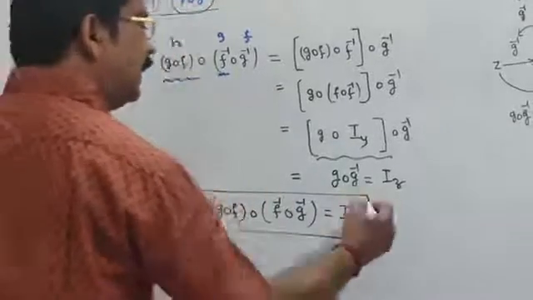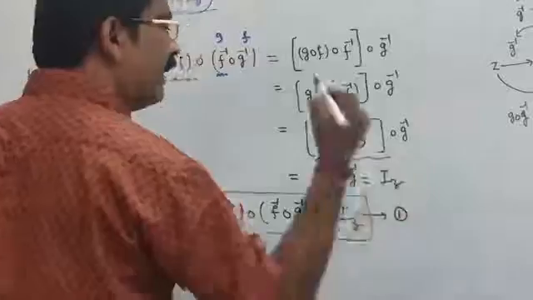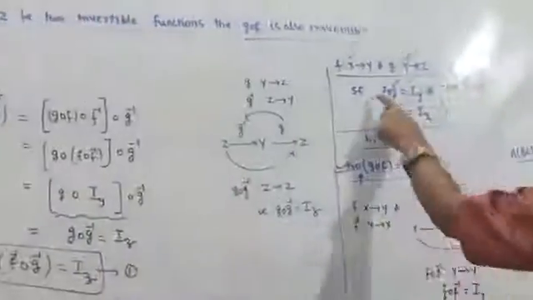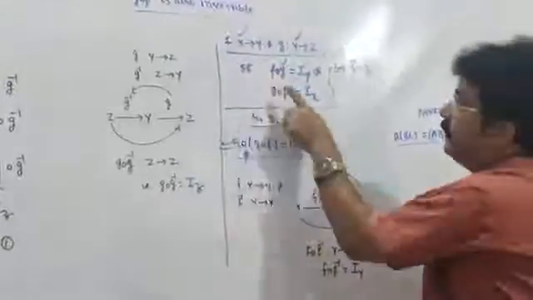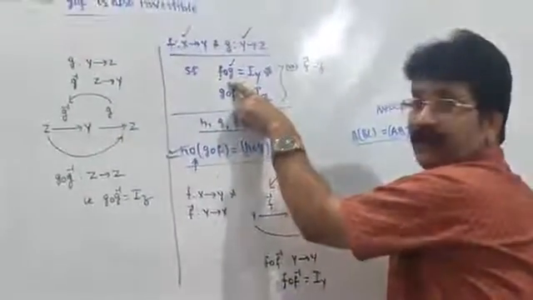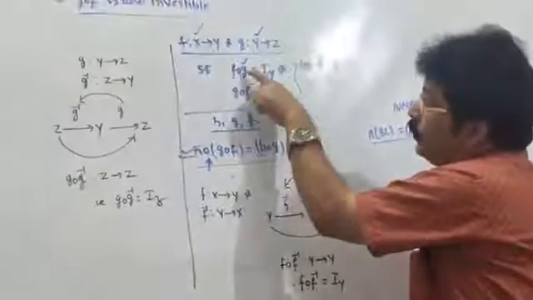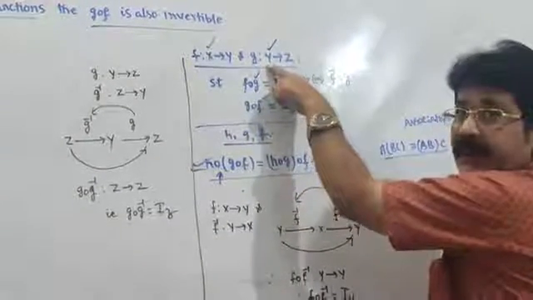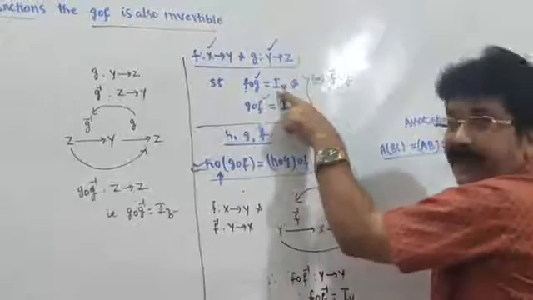Let it be equation number 1 of statement number 1. In this definition, what I said, last letter is g, go to g function. What is its domain? Y. That's why we are getting Y.